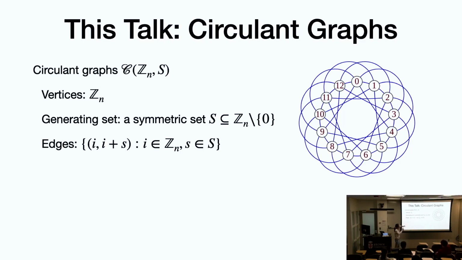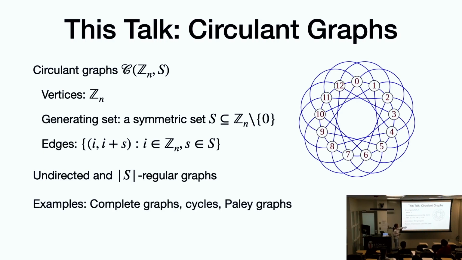And here, we think of everything modulo n. By definition, a circulant graph is a regular graph, and the vertex degree is the number of elements in the generating set.